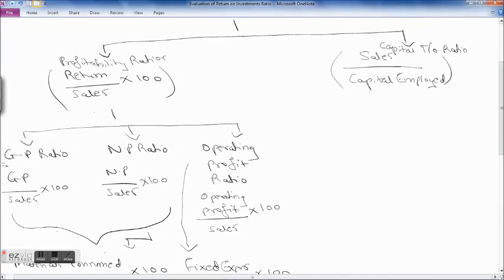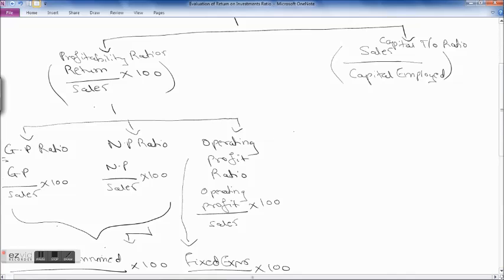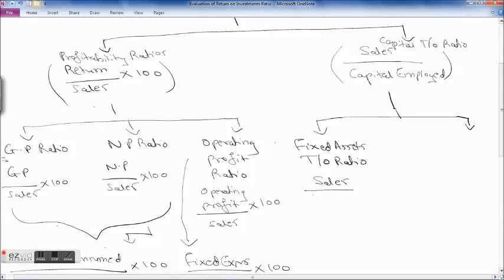Now coming to your capital turnover ratio. It is basically bifurcated into two types. Capital turnover ratio comprises your fixed assets turnover ratio. What is a fixed asset turnover ratio? Sales upon fixed assets.